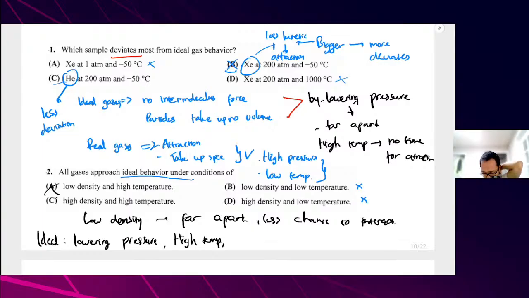Next, smaller is better, meaning closer to the ideal case than the bigger one. And less density is good because the particles will be far apart, so we minimize the interaction. All right, that's good.